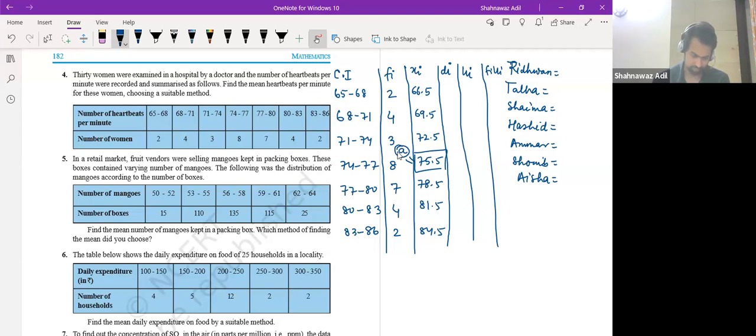So what was the DI formula? Oh, so you have forgotten the DI one. I suddenly forgot. So xi minus a, right? Oh yes, yes. So that is why I keep saying you guys have to practice, right?